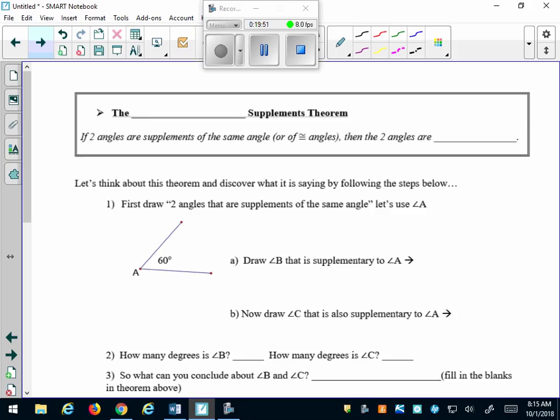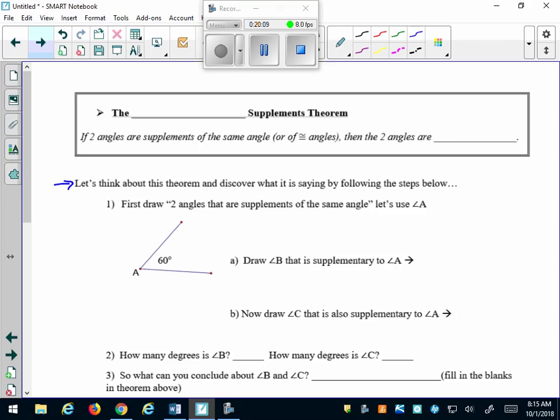Okay, here's another theorem. This theorem is actually a very useful theorem, and when we look at discovering this, first draw two angles that are supplements of the same angle.